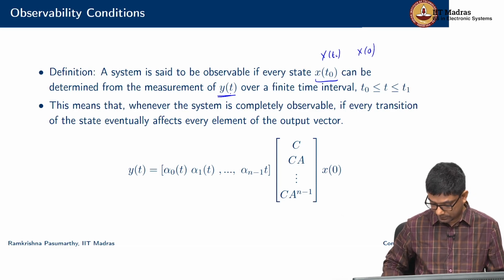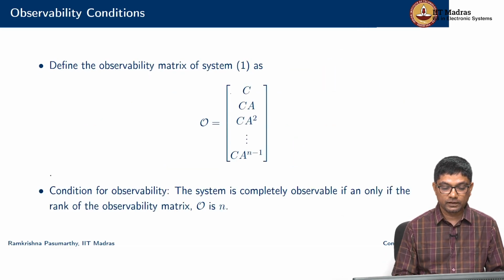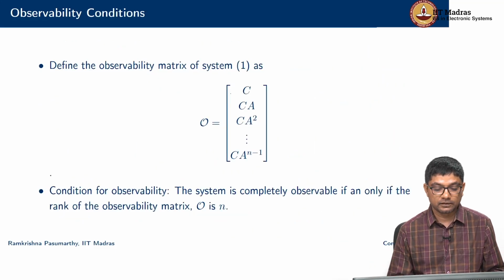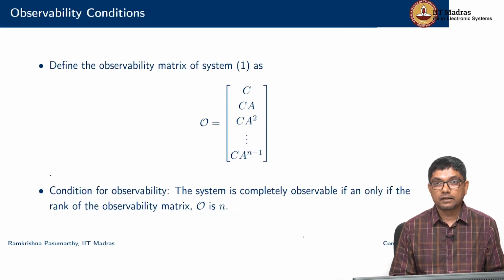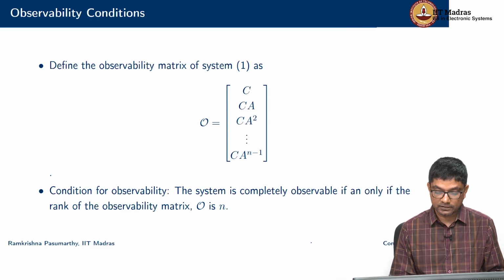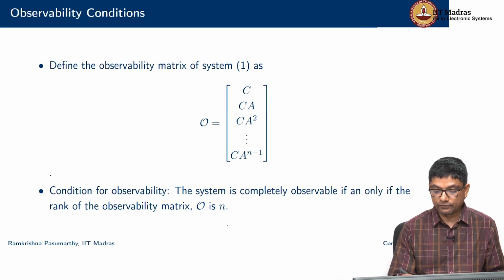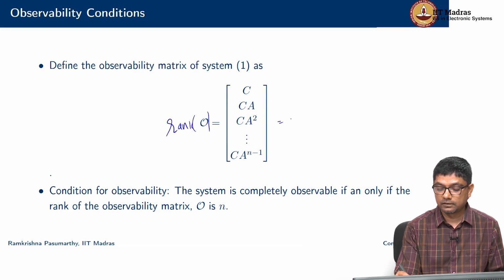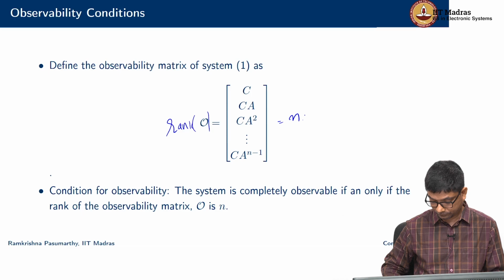Now, the math part is the following. Based on this math, I define the observability matrix, and the condition for observability translates to saying that the system is completely observable if and only if the rank of this matrix is n.